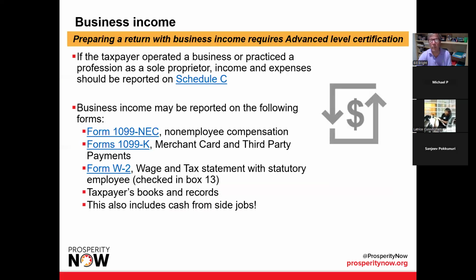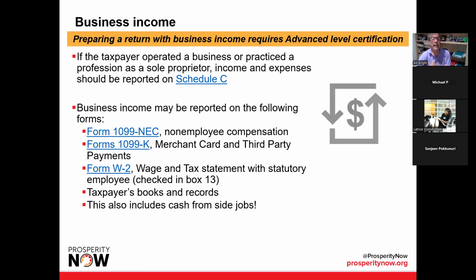Business income, and we're going to spend a little bit more time on this in a later session. Most of our Schedule C self-employed business folks are Uber drivers, Lyft drivers, and a lot of delivery people: Grubhub, DoorDash, Uber Eats, Amazon, Walmart. That generates a lot of business for a lot of returns for us.